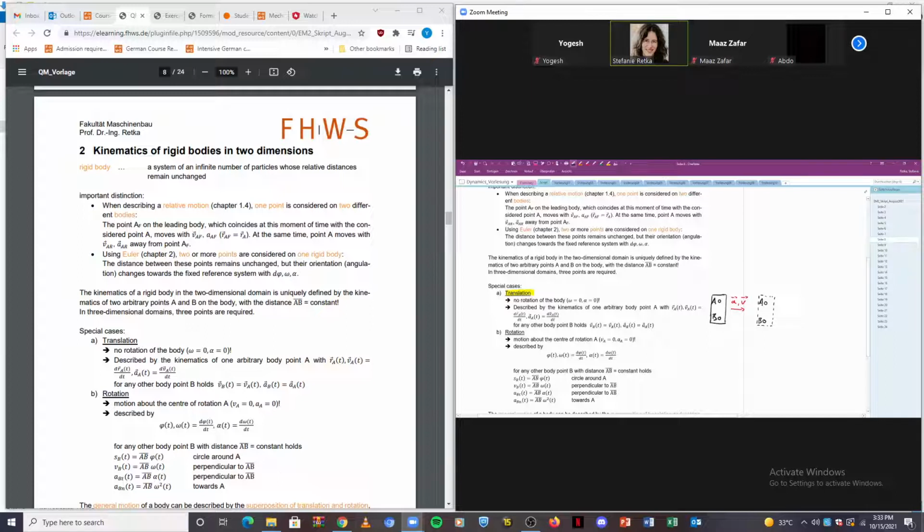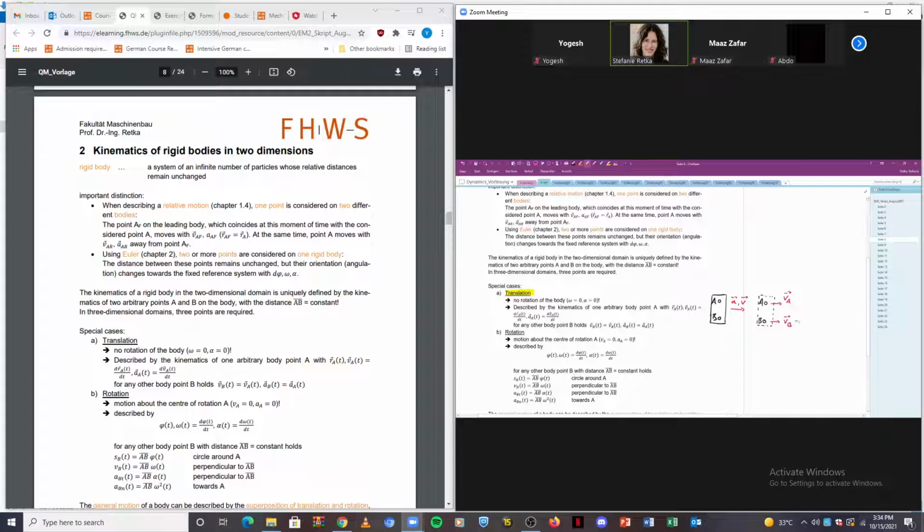And to describe the motion of this object, we can describe the motion of one of these points. For example, the velocity of point A is given. And in case of a translational motion, point B moves with exactly the same velocity and acceleration.